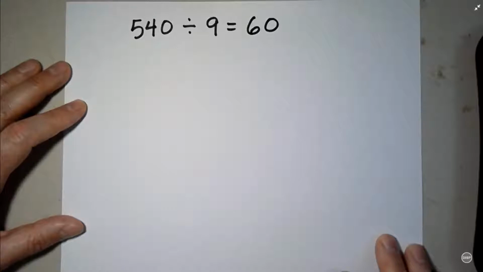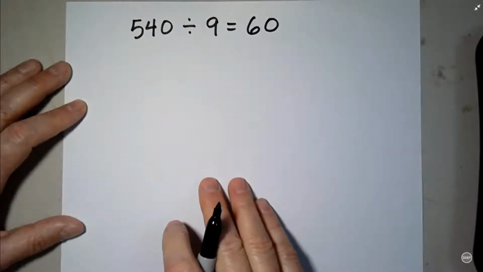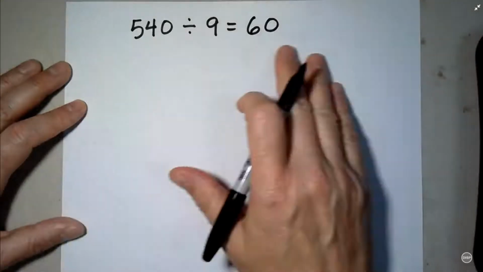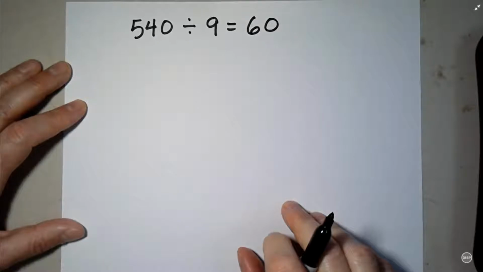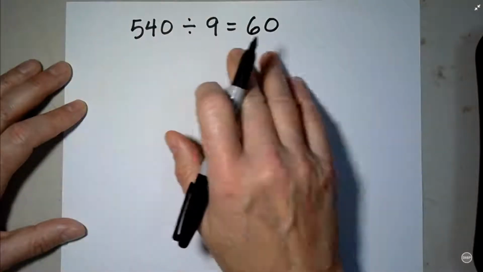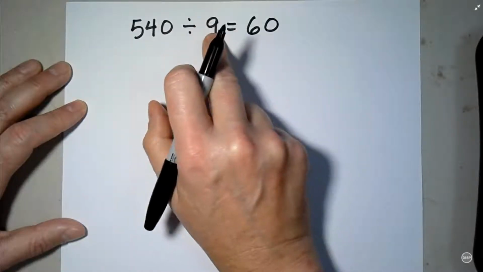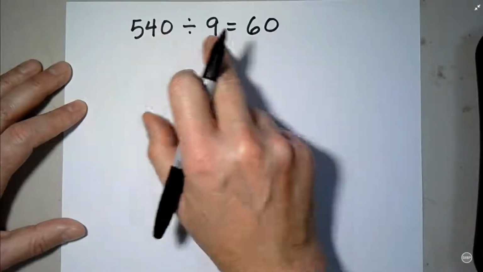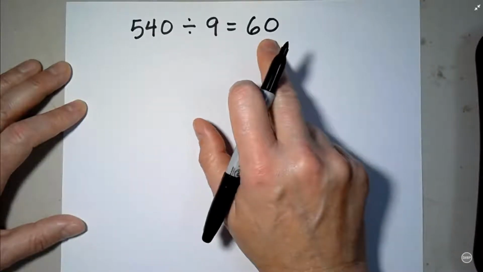So I want to take a couple minutes to further look at this relationship between division and multiplication. So one of the things we need to understand is we're taking this 540, dividing it by 9 to see how many are in each box.